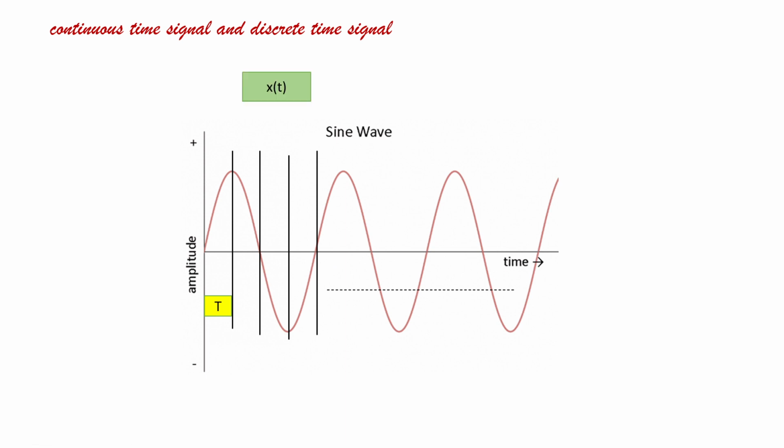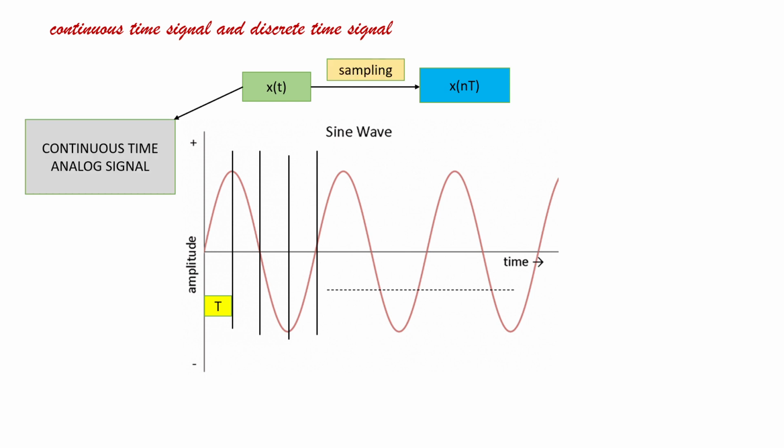Right now from x(t) it becomes x(nT), where T equals the sampling time interval and n is the time index. It is an integer, it varies from minus infinity to infinity. From x(t) to x(nT), the process is known as sampling. So x(t) is the continuous time analog signal, x(nT) is the discrete time signal.